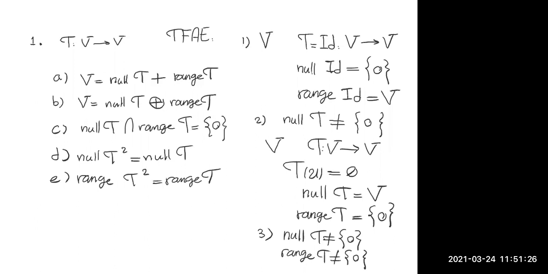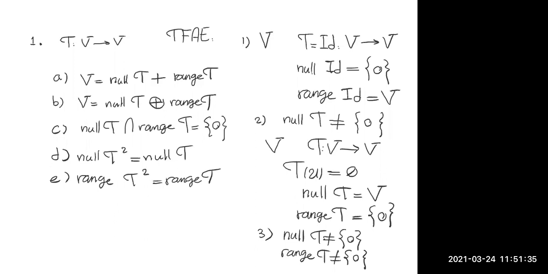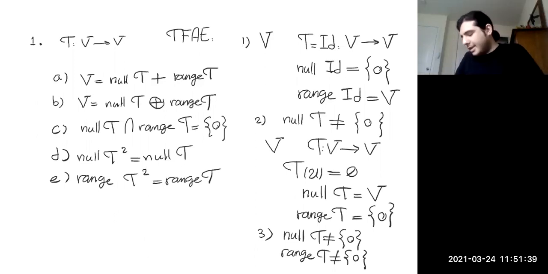If you take V equal to R squared, could you use the map (x, y) maps to (x, 0)? That's great. Yeah, projection map. This is a very good example, actually, because it gives us an idea about the more general case.